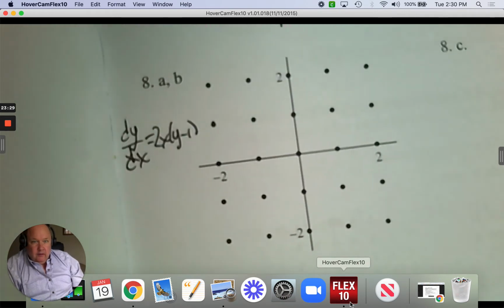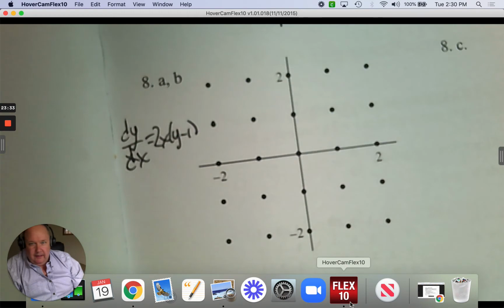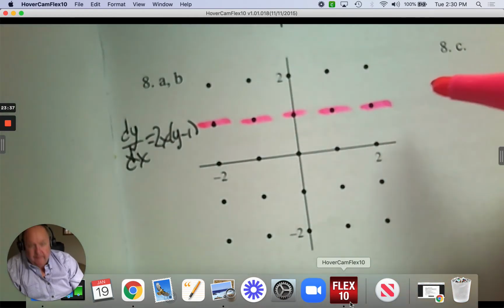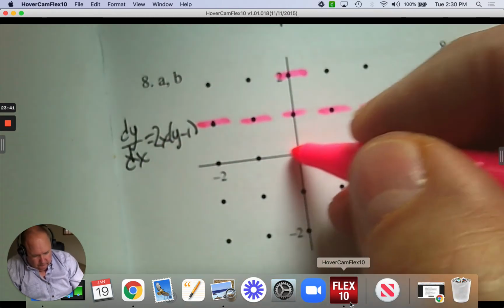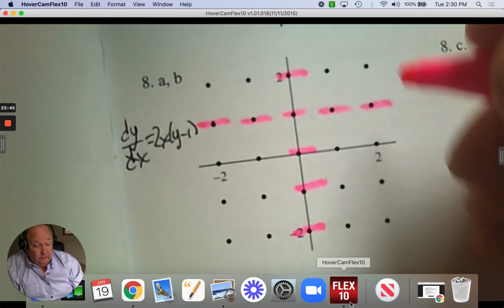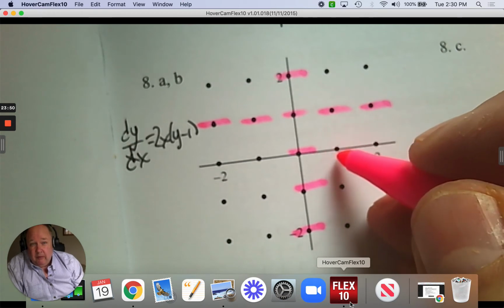All right, so where are the slopes 0? So when y is +1, it's 0, so that's a good place to start. When x is 0, it's also that way. And then just see if you can see a pattern. So here we have a point 1, 0.